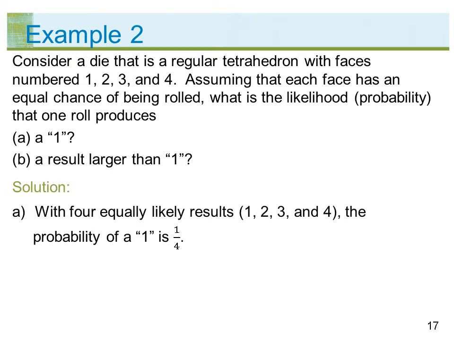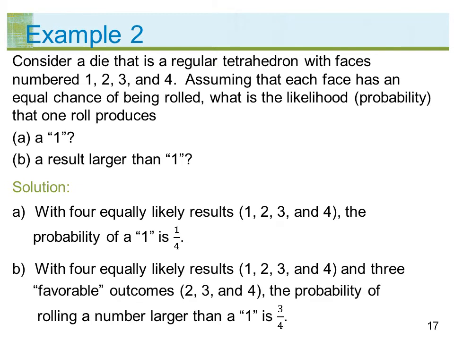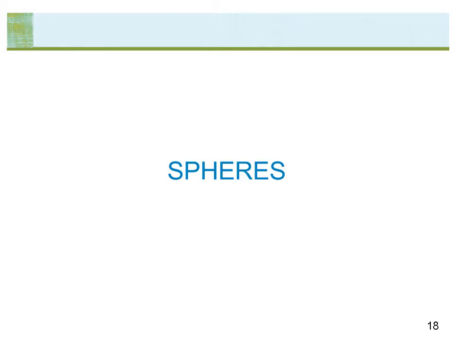A. With 4 equally likely results, 1, 2, 3, and 4, the probability of a 1 is 1 out of 4. B. With 4 equally likely results, 1, 2, 3, and 4, and 3 favorable outcomes, 2, 3, and 4, the probability of rolling a number larger than a 1 is 3 out of 4.